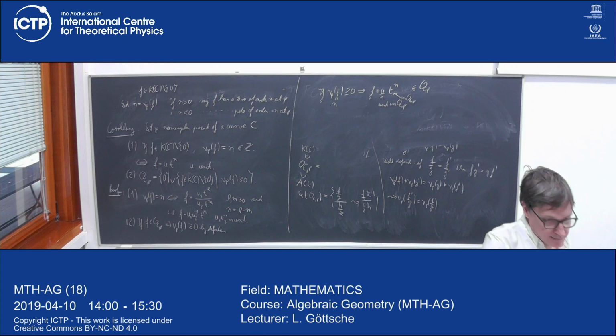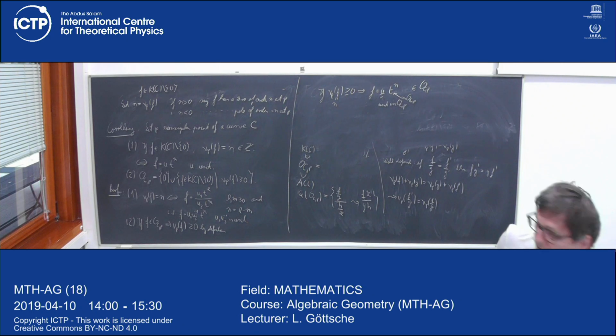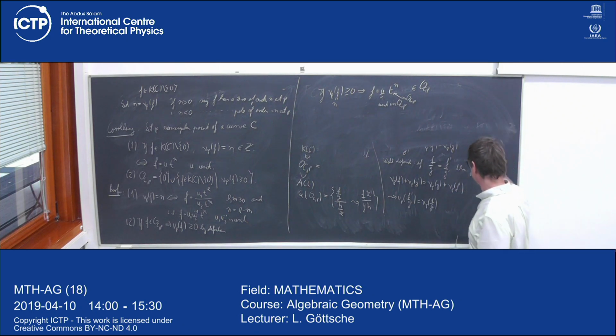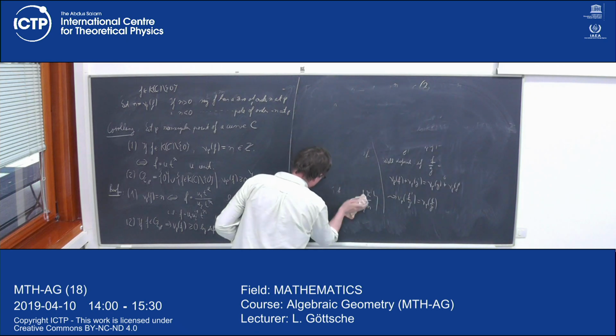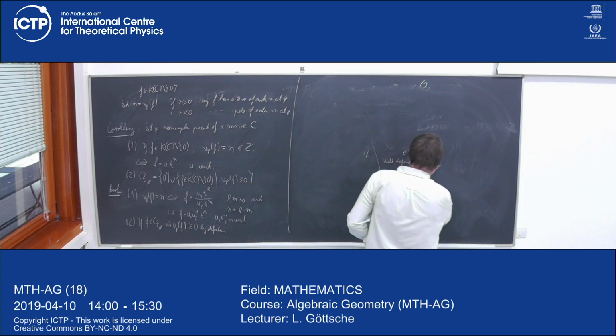So it cannot be that a map is defined almost everywhere on a non-singular curve, but there are some points where it's not defined. If it's defined on an open set, it will be defined everywhere as a map to a projective variety. This is something very special, and we'll make a few comments about that later.